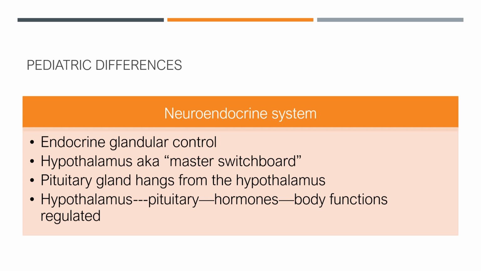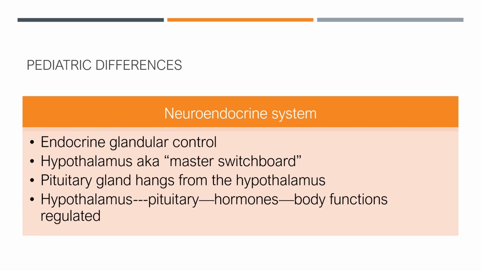The endocrine glands are controlled by neural centers in the brain. So within the brain, signals and messages are sent out, and they control the endocrine glands.